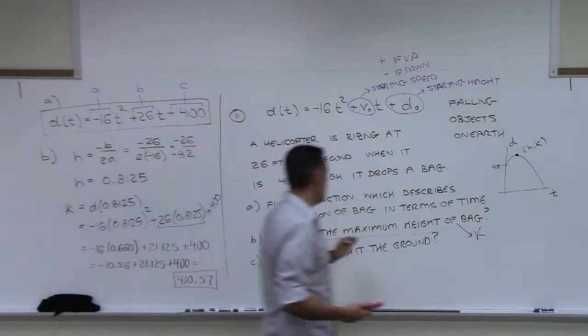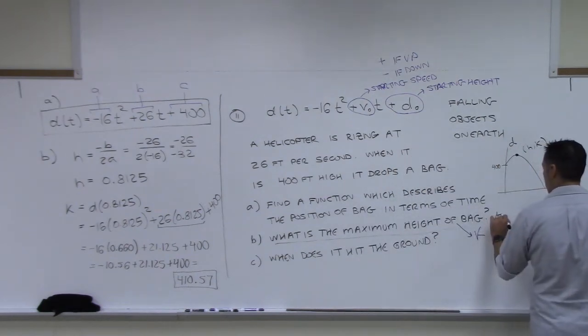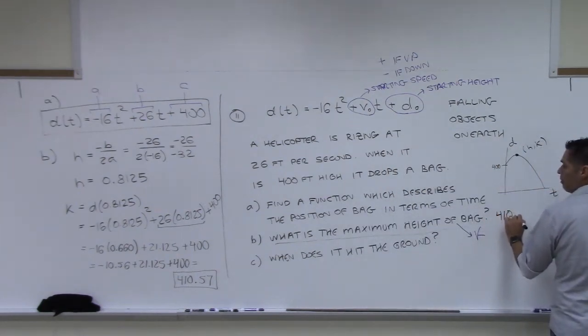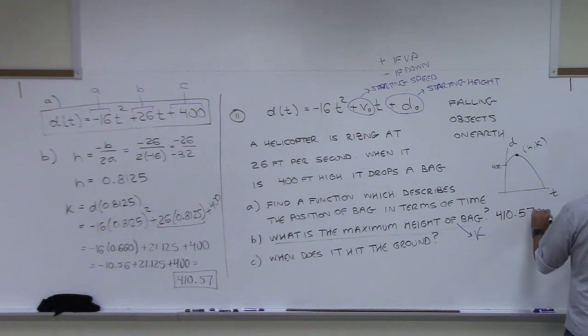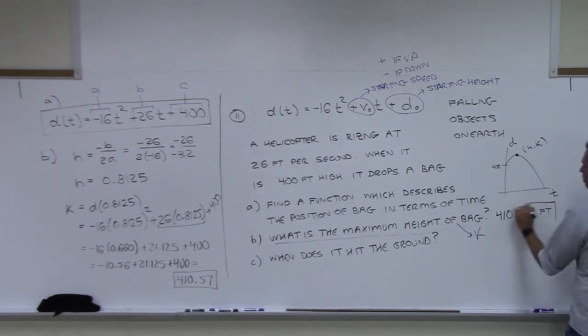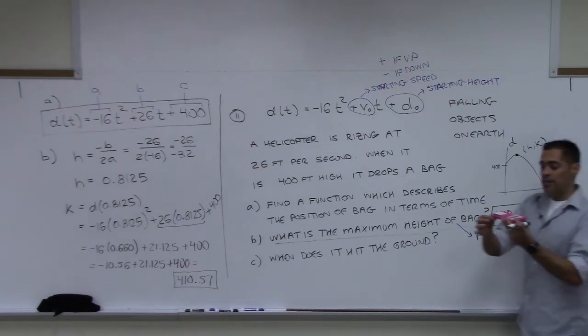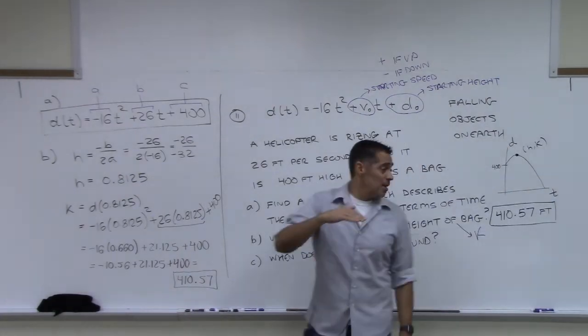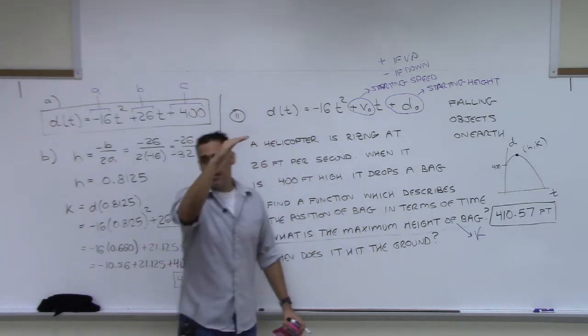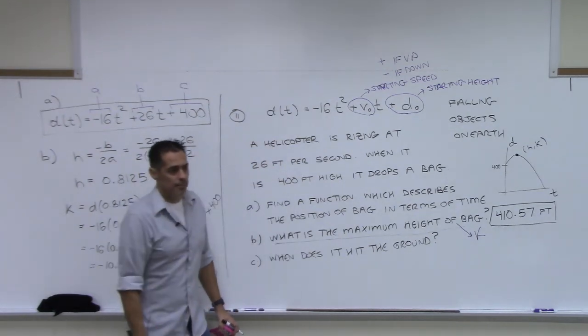So the answer to part B is 410.57 feet. I'm not going to be real particular about how you round that. If you want to say 410.6, that's fine. If you want to go more decimal places, that's fine. I don't care. So that means when the helicopter released, the bag actually went up another almost 10.5 feet and then started to come down.